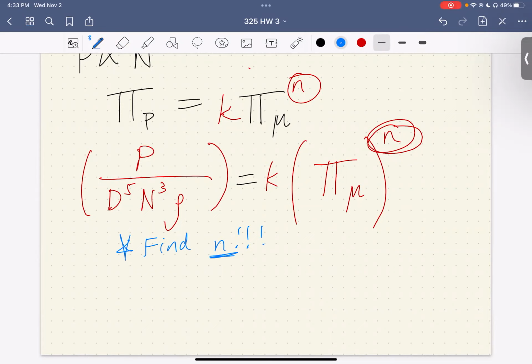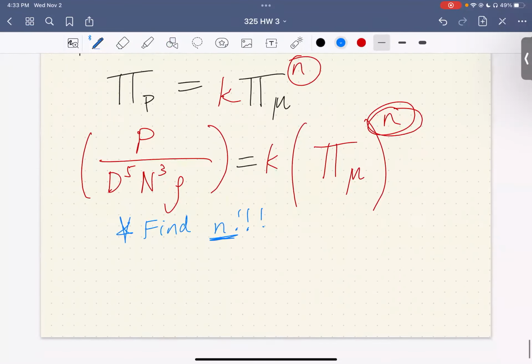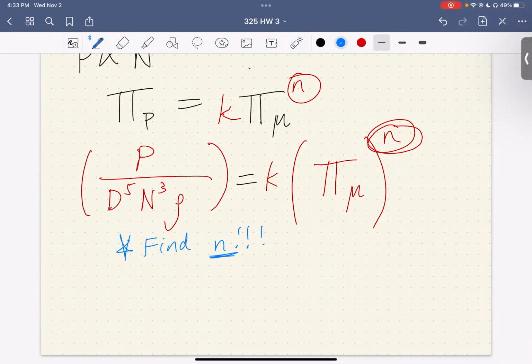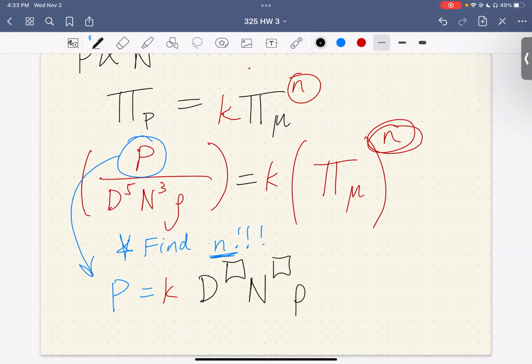All right. Then what's going to happen is you are going to solve for p. After you solve for n, then you're going to actually have your answer in terms of p. And it will have, sure, the k, not really too relevant. But the great thing is you're going to have d to the something, n to the something, and rho to the something.